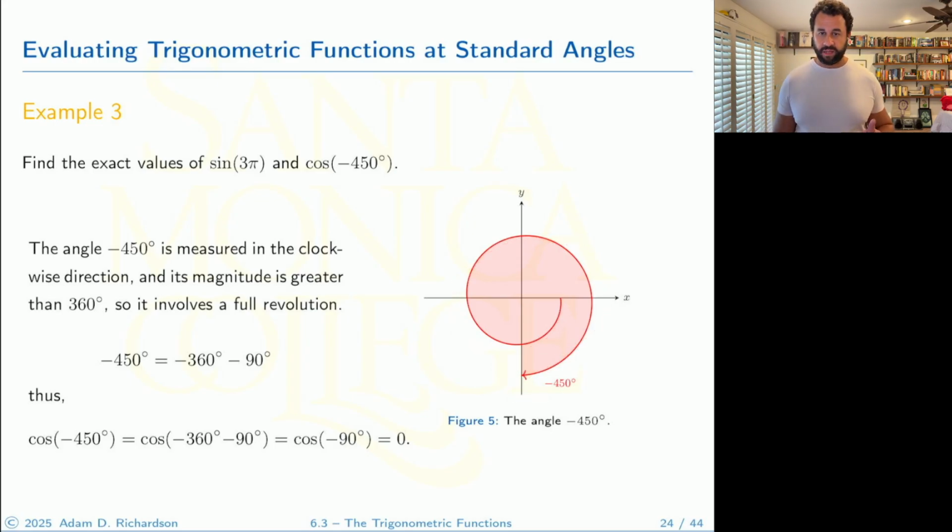Another little point I want to make before we get to the special right triangles. Negative 450 degrees is not equal to negative 90 degrees. Those two angles are not equal. What is equal is the output of the cosine function at those angles. Be wary of that. It's a common mistake where people say, oh, negative 450, that's equal to negative 90. That's not true.